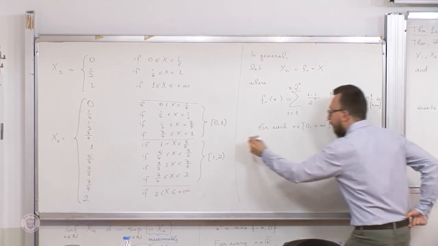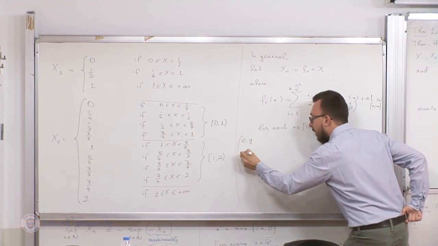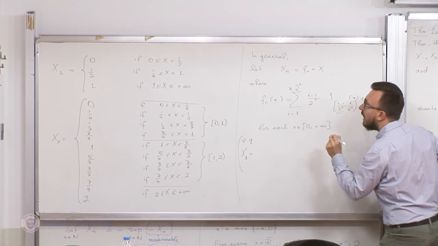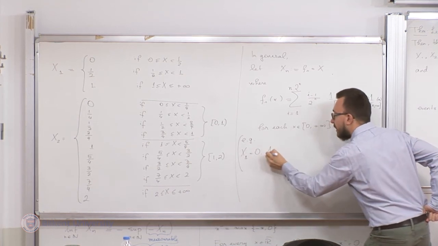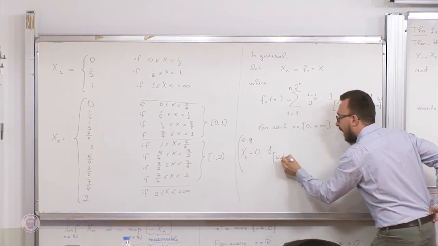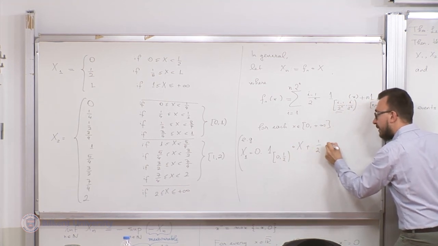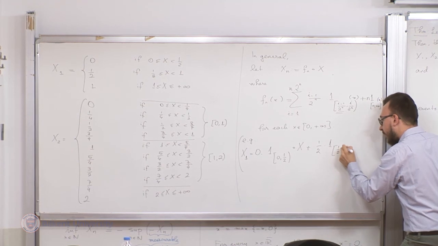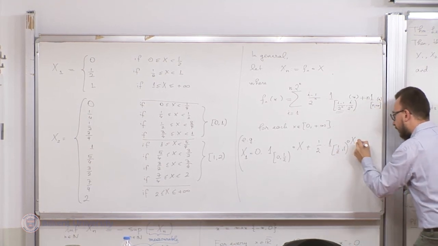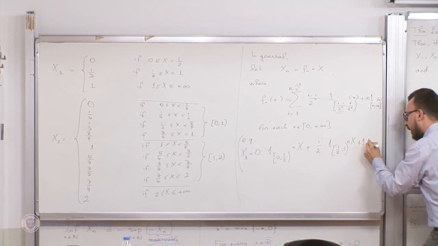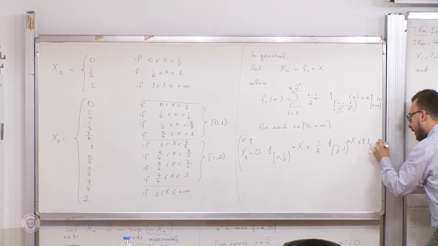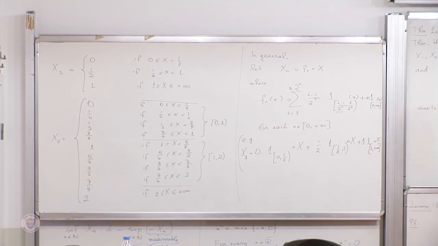So just to make it concrete, for instance, x1 is 0 times the indicator of 0 to 1/2 of x, plus 1/2 times the indicator of 1/2 to 1 of x, plus 1 times the indicator of 1 to plus infinity of x. This is what this formula is telling.